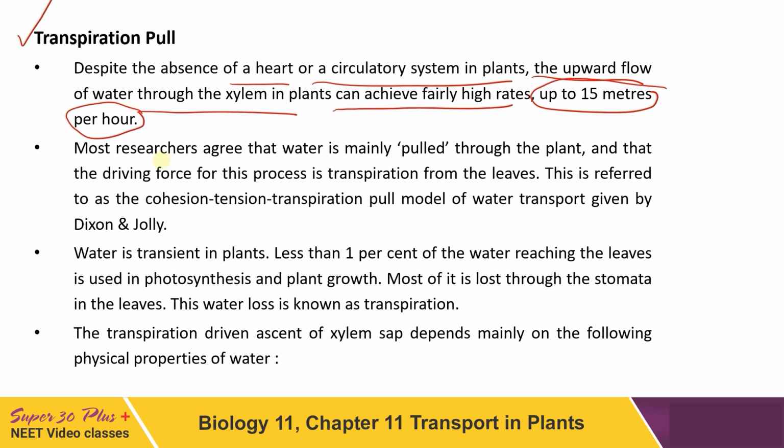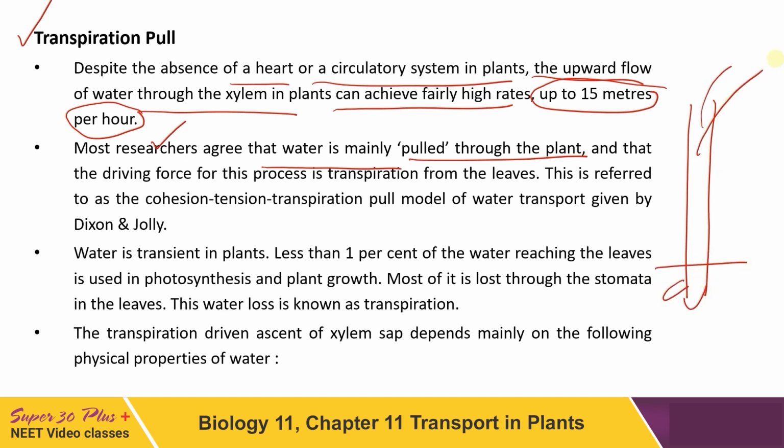It has been proved by most researchers that water is mainly pulled through the plant. This is the plant, this is the water column, and here is the transpiration in the aerial part, and water is being pulled. When the water is pulled, this pull is called transpiration pull.